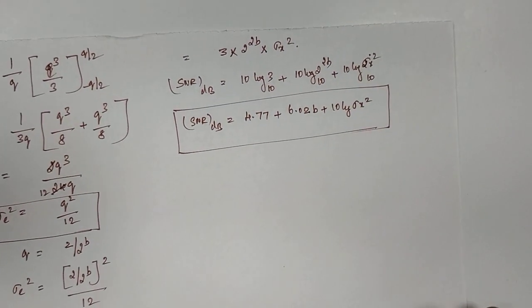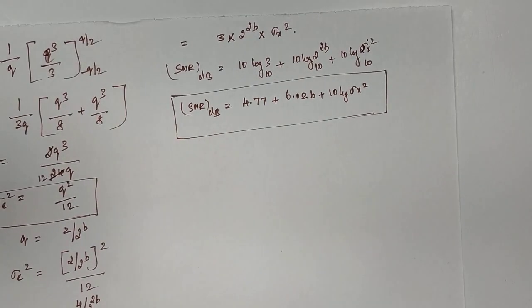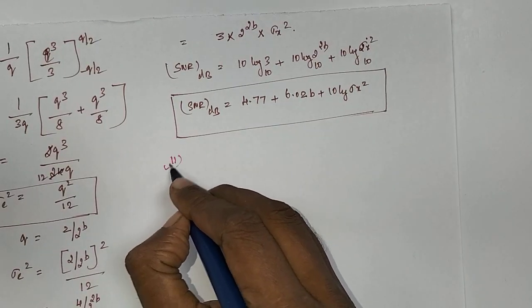Suppose in the second case it is for b plus 1 bit.